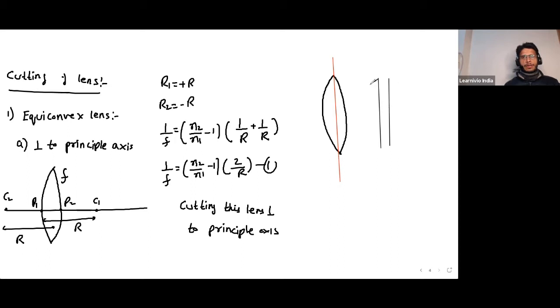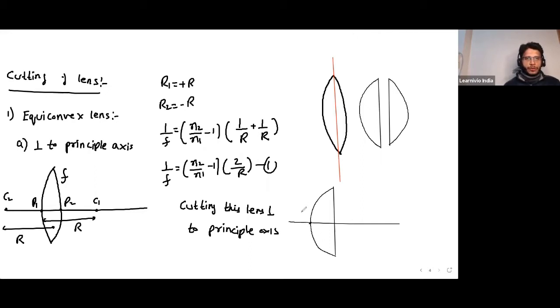This is one part. This is another part. You have to calculate the focal length of each part. Now, can you tell me this single part, what type of lens is this? This is plano-convex, not semi-convex or convex.